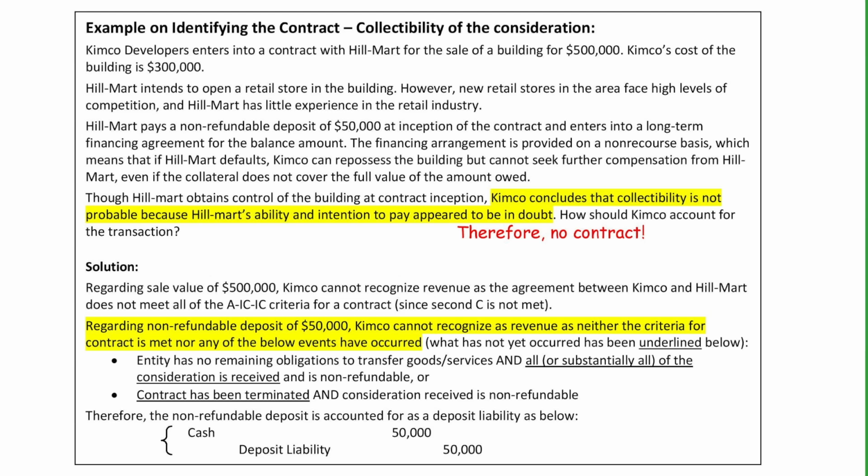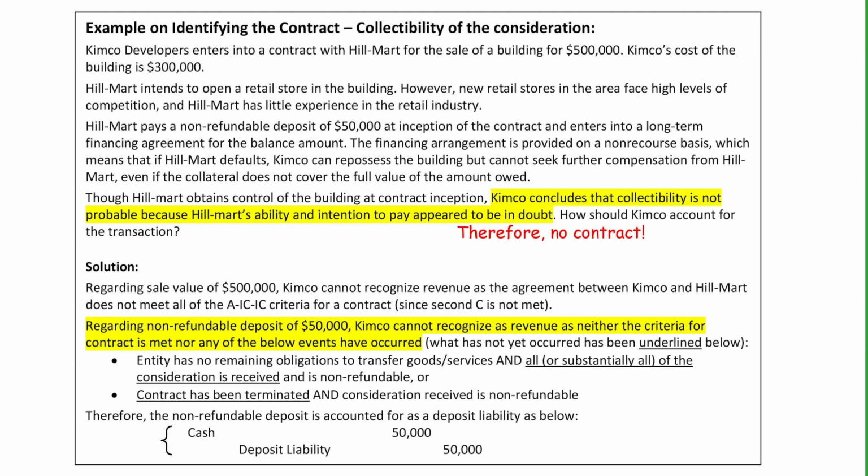That's true in this case because Kimco has already given the building to Hillmart. No remaining obligations. But the second part here is all or substantially all of the consideration is received. No, Kimco has received only a small part of the consideration, $50,000 out of $500,000. So all the consideration is not yet received. So can't recognize revenue yet.